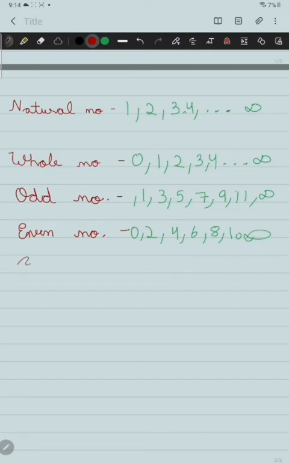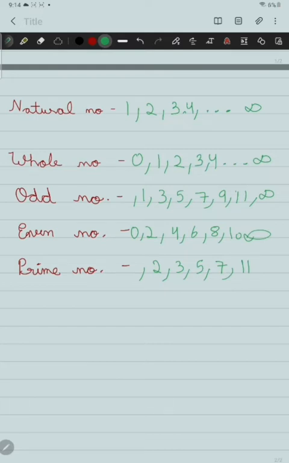Now next is prime numbers. Prime numbers are the numbers which don't have any factors other than the number itself and 1. For example, 2, 3, 5, 7, 11, etc., till infinity.